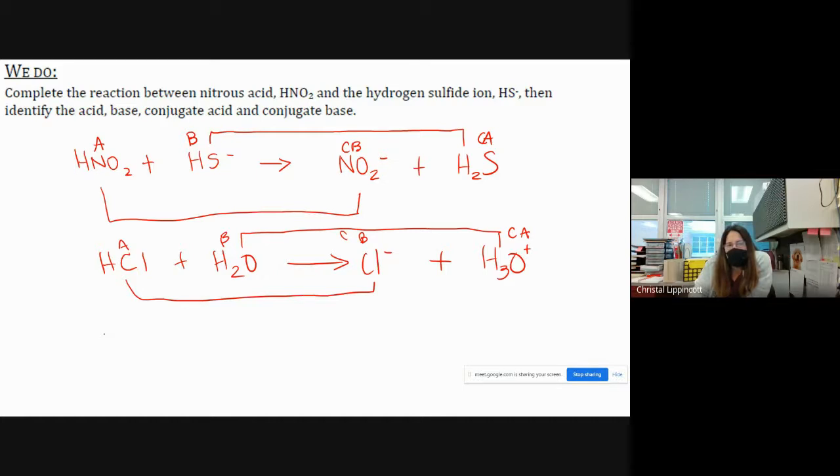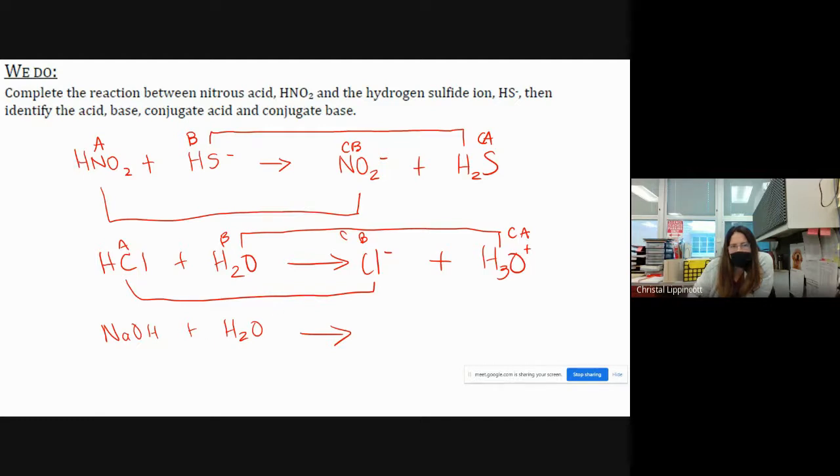Okay. Here's one: NaOH plus H2O. Now watch what happens with our water here in this one. Our OH, what am I doing here? Oh, that's going to split apart.